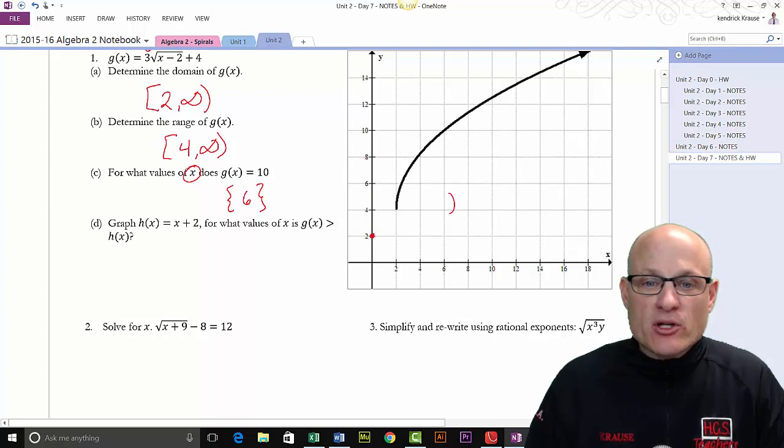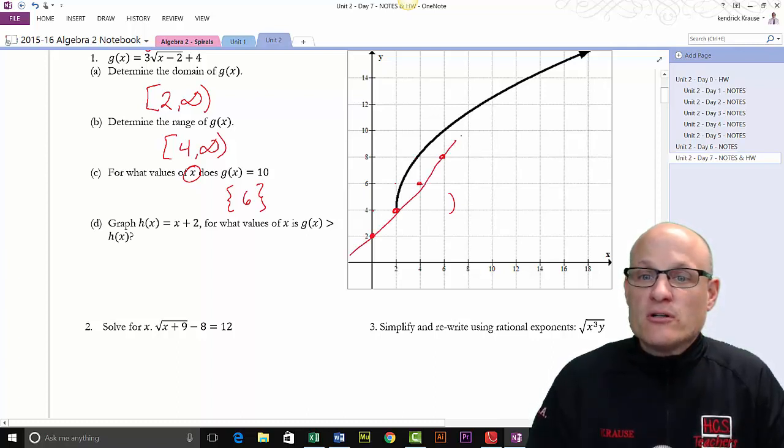Slope of 1 means we're going to go up 2 and over 2, up 2 and over 2, and so on.